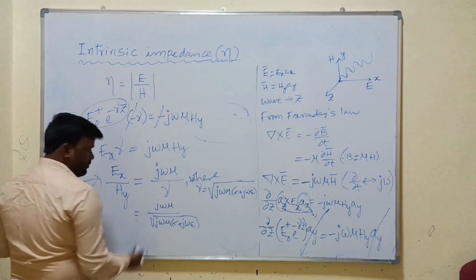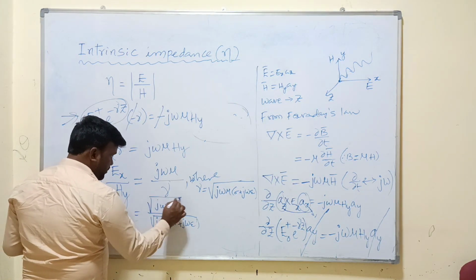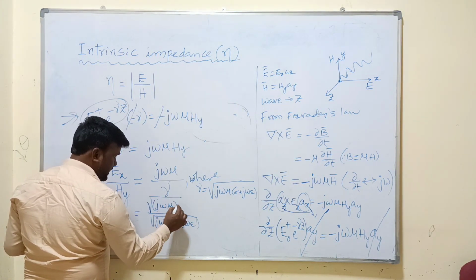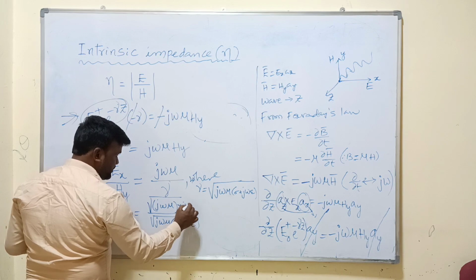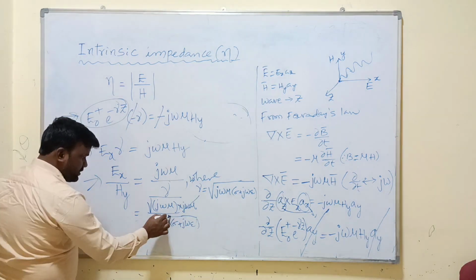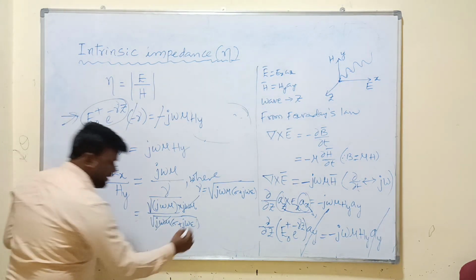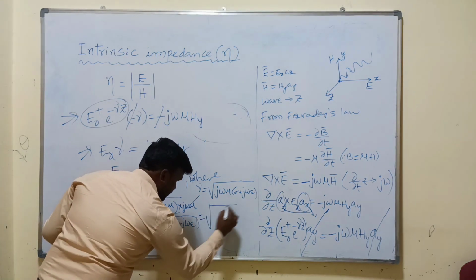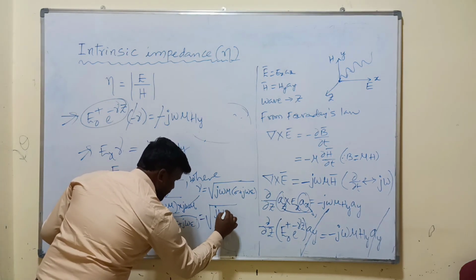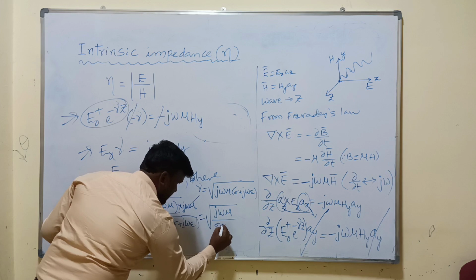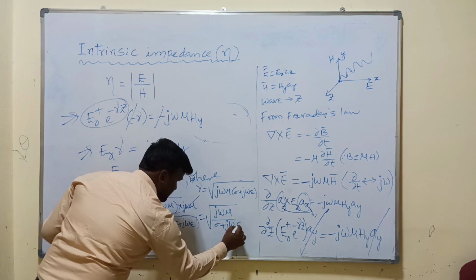Then this j omega mu can be written as the square root of j omega mu whole square, or the square root of j omega mu into j omega mu. This j omega mu and this j omega mu cancel. What is the remaining part? The square root of j omega mu divided by sigma plus j omega epsilon.